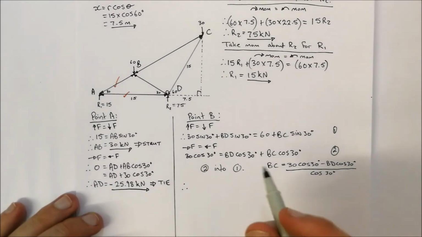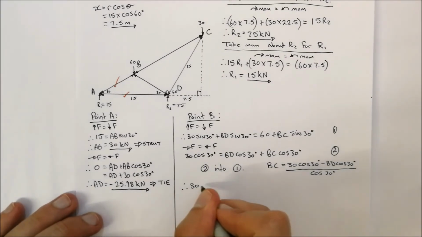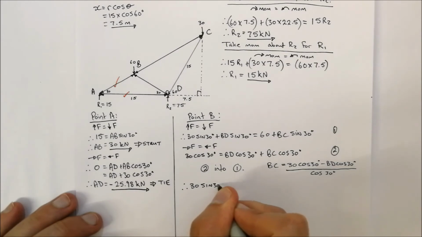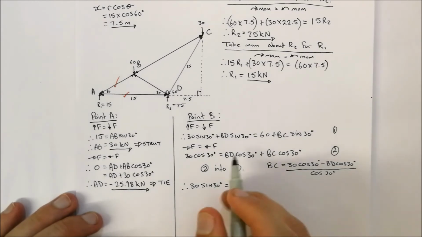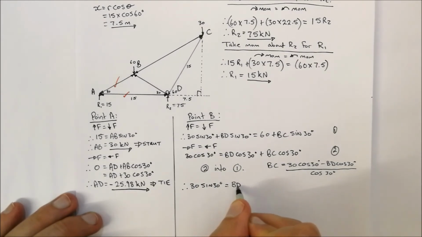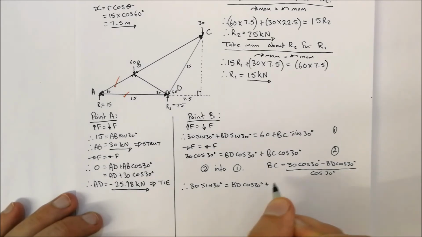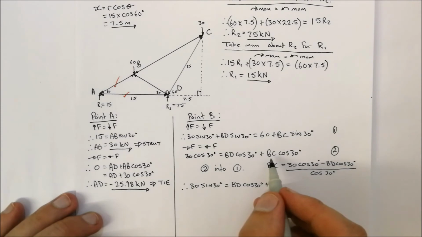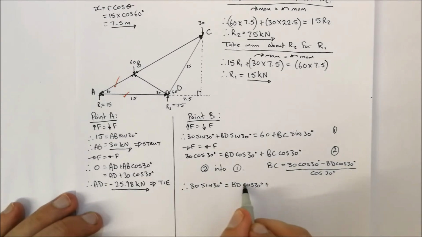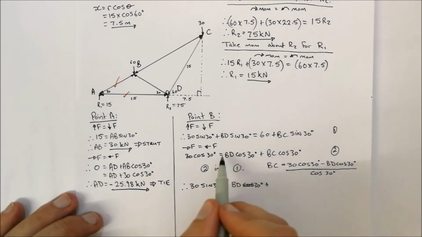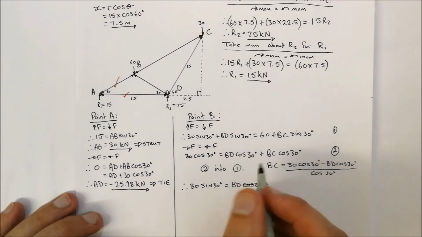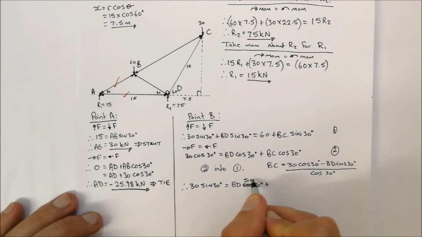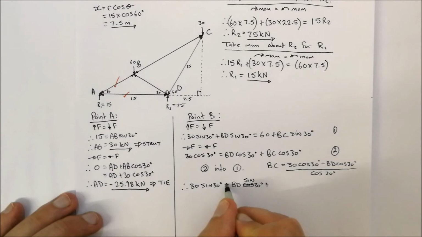30 sine 30 degrees is equal to BD cos of 30 degrees plus BD sine of 30 degrees. I'm looking at the wrong equation. It's BD sine of 30 degrees, and this needs to be a plus, not the equals.